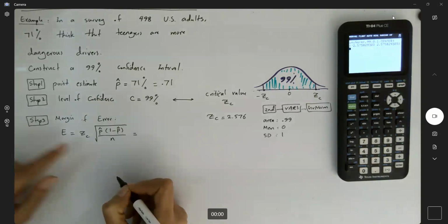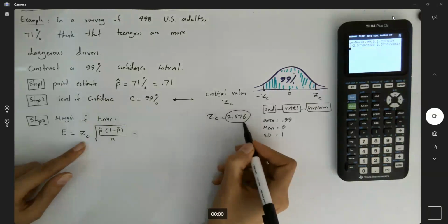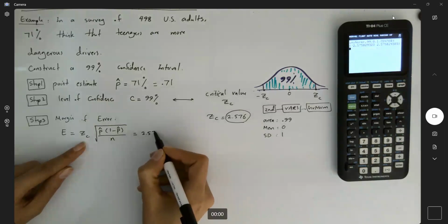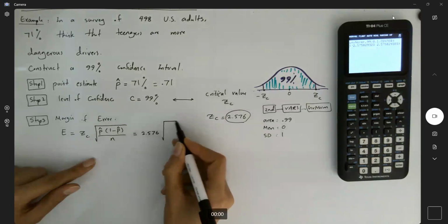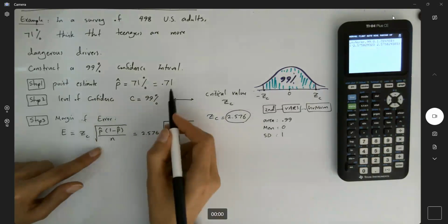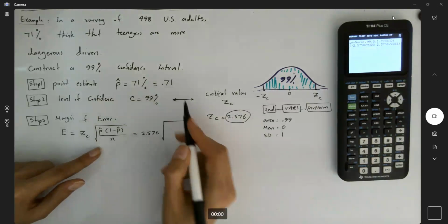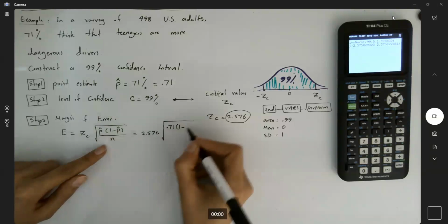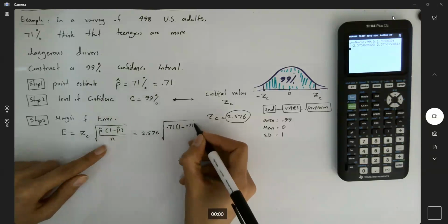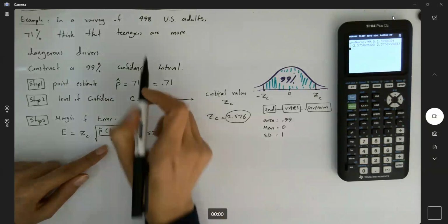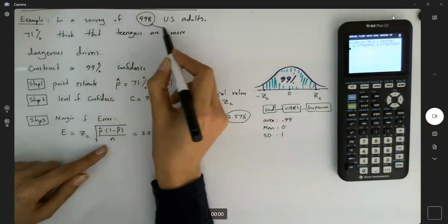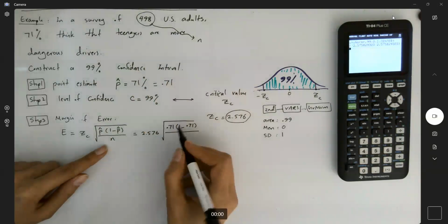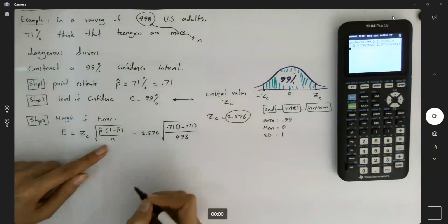E is equal to ZC, which I already found, 2.576, times the square root of P hat, which is 0.71, times 1 minus 0.71, divided by N. The sample size is 498.